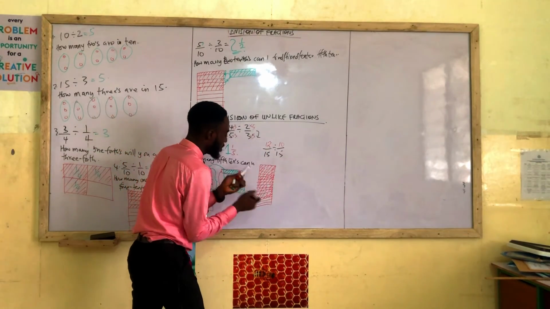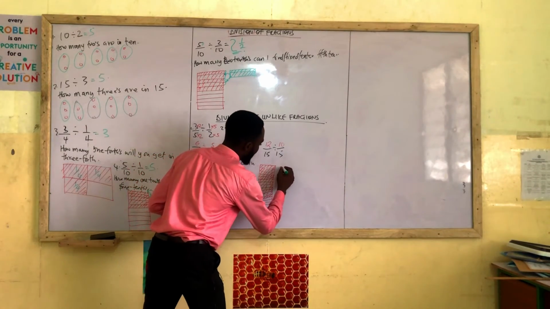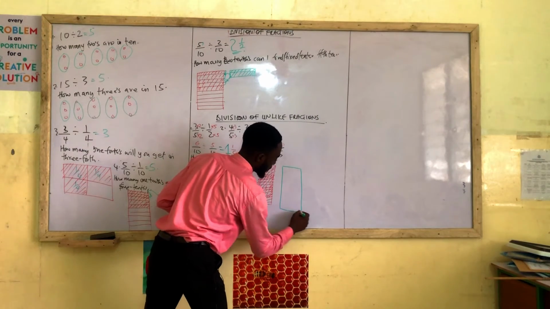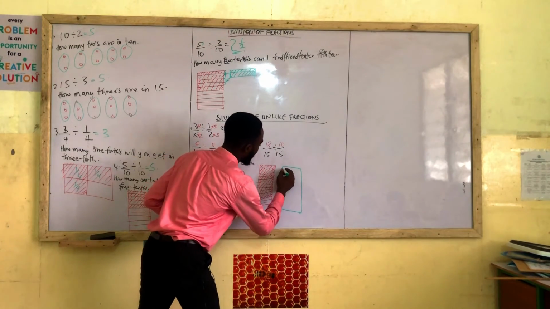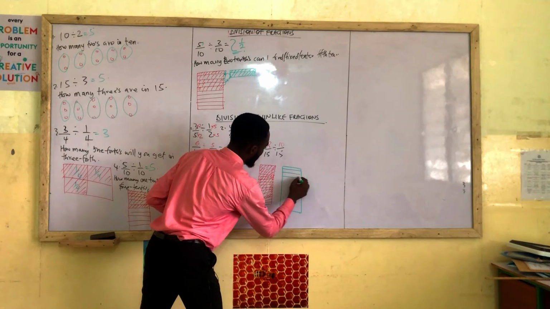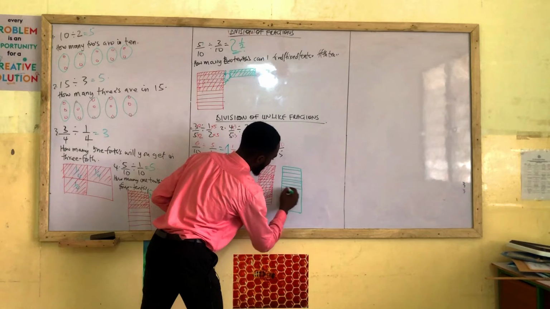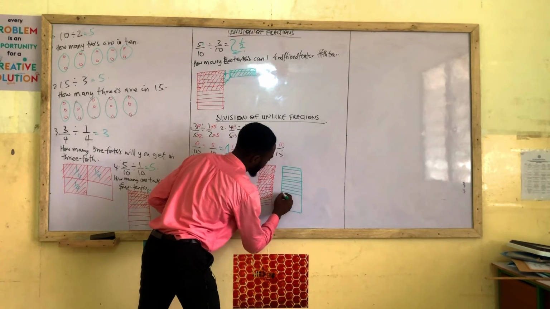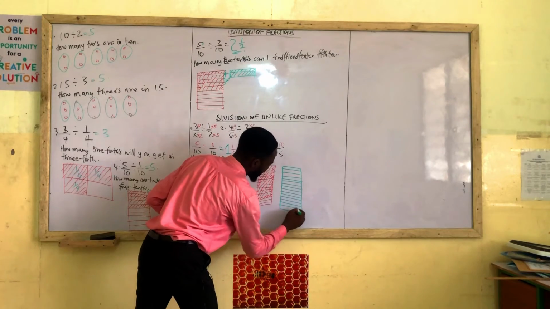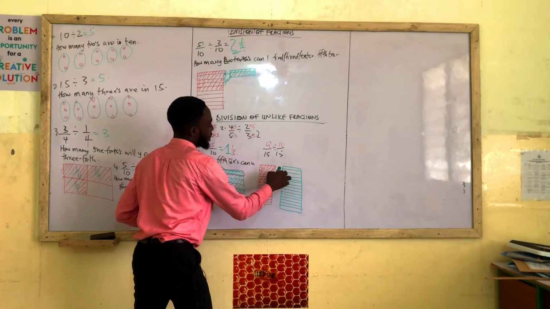We know how many 10/15s can we put here? So we'll have something like this. Sorry, my throat hurts. 1, 2, 3, 4, 5, 6, 7, 8, 9, 10, 11, 12, 13, 14, 15.